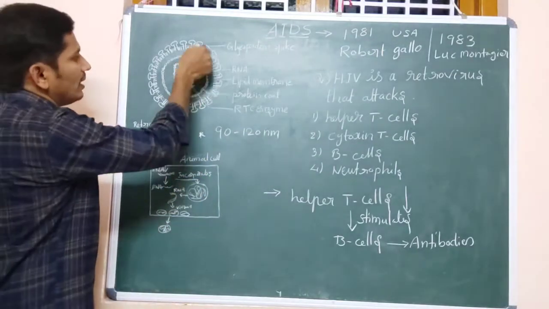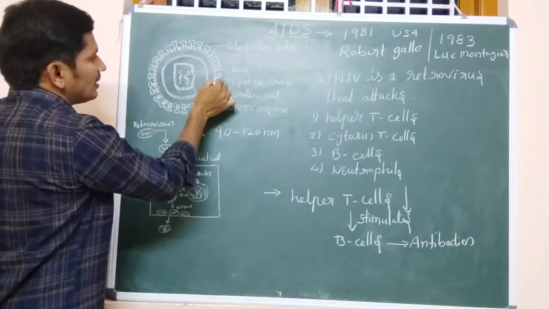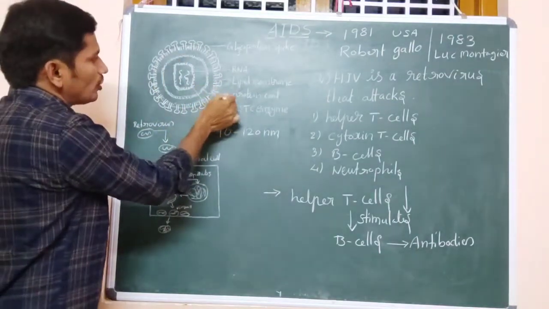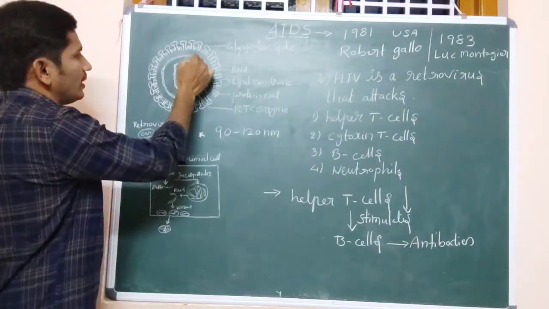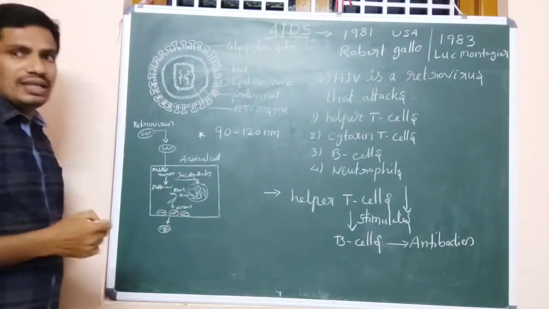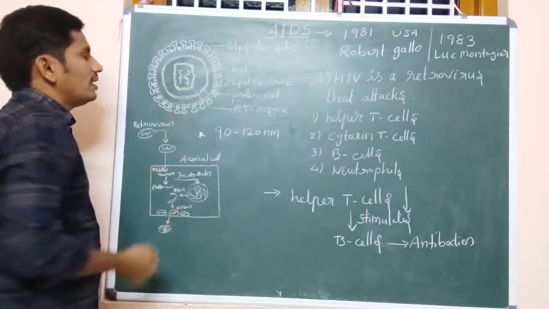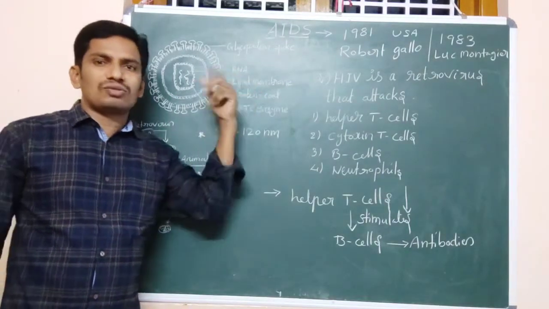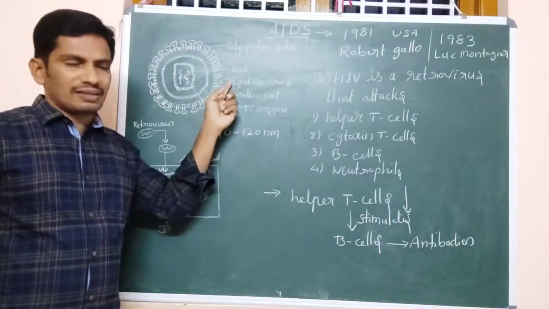It has a phospholipid bilayer, a lipid membrane, and protein coats. In the center of the virus, we can find single-stranded RNA, enclosed by a double layer of protein and one more lipid layer.